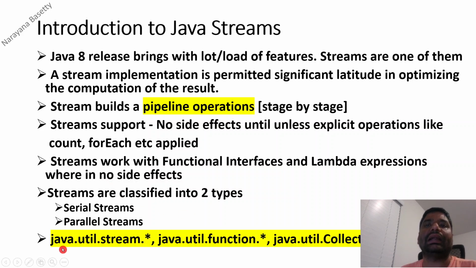For streams, they have introduced the package java.util.stream, and for the functional programming model, java.util.function. They have modified a lot of collections, such as the list collection, and introduced stream. This is going to be heavily implemented. A lot of utilities are also built. I am not going to talk about all those things.